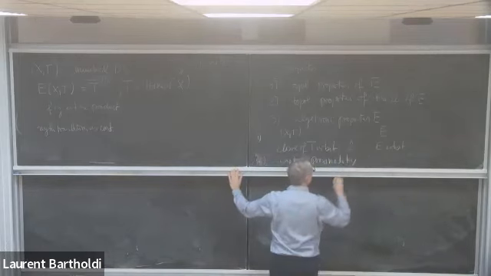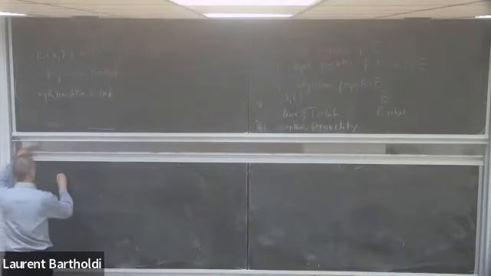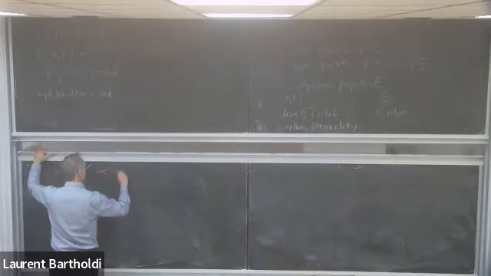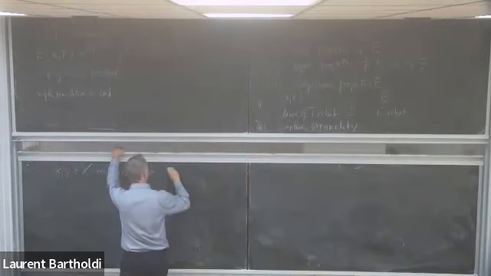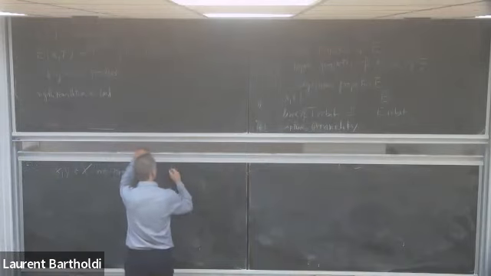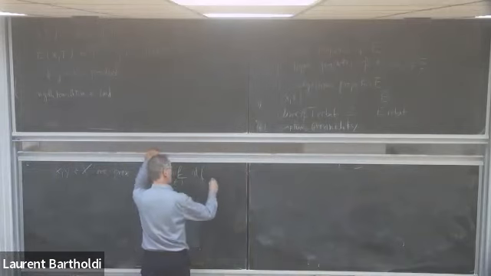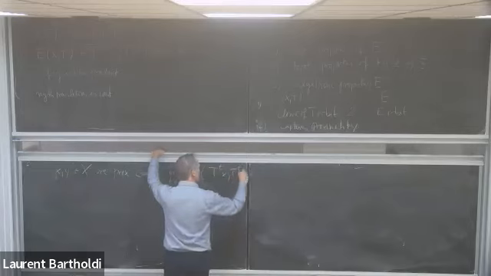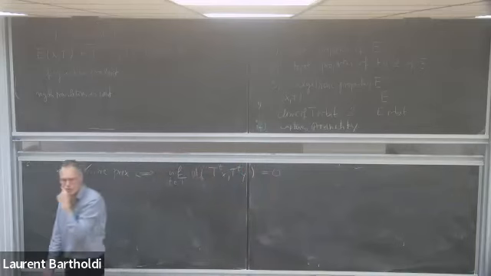And of course, I repeat myself, but let me do it anyway. So we say that x and y in X are proximal if and only if the infimum over t of the distance, where I choose a metric compatible with the topology, between t x and t y is 0.